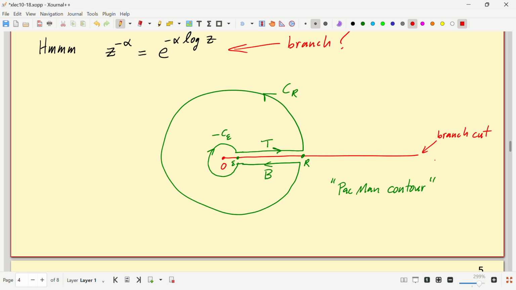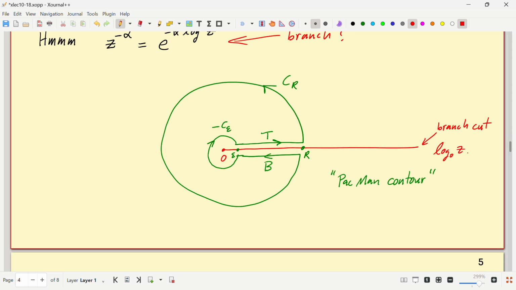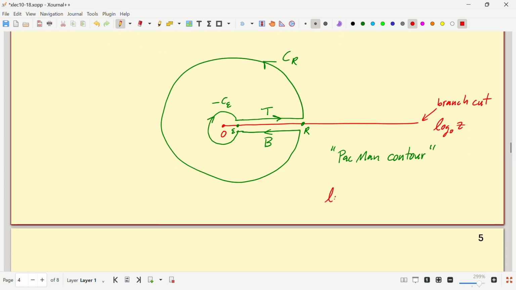So we're going to take log 0 of z. And remember, log 0 of z is going to be the natural log of mod z, plus i theta, where theta is an argument of z between 0 and 2 pi.